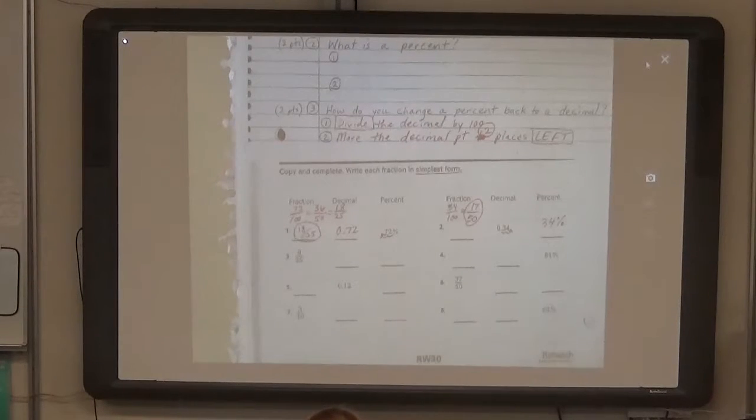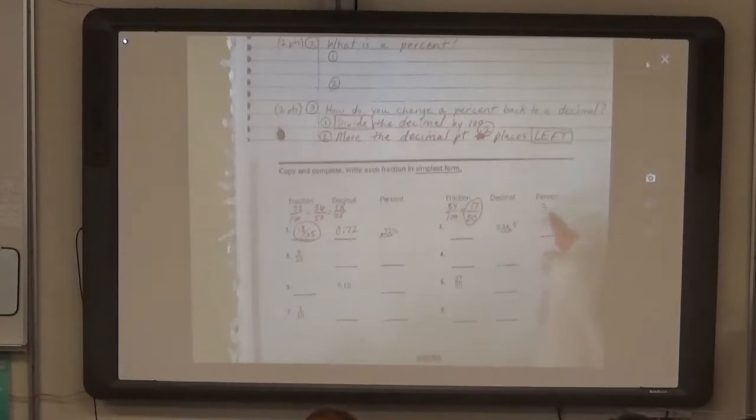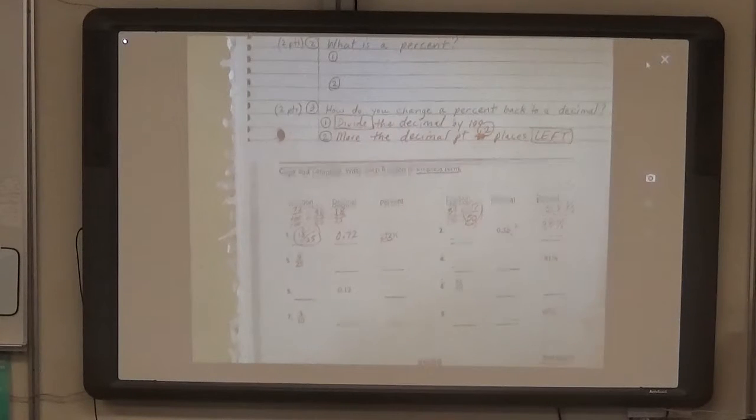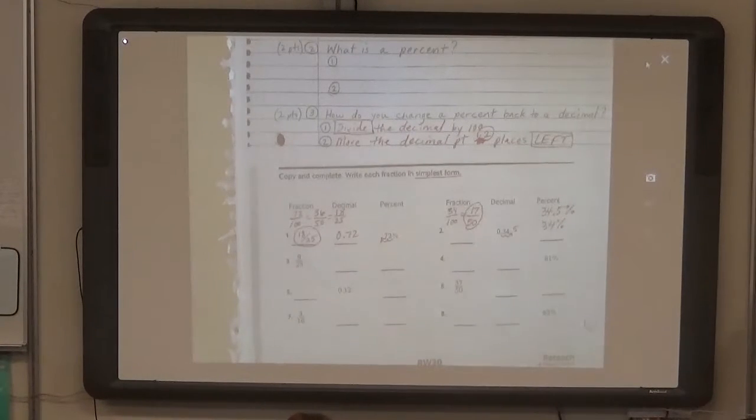Then what happens? It would be 34.5%, because the decimal place would come right after the 4. See, a percent can be any type of number. Even a negative number?